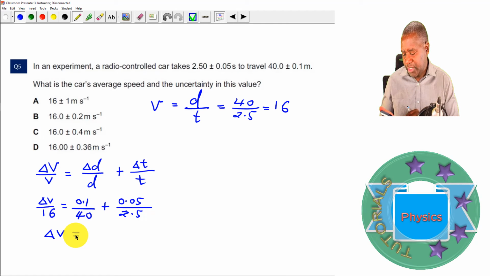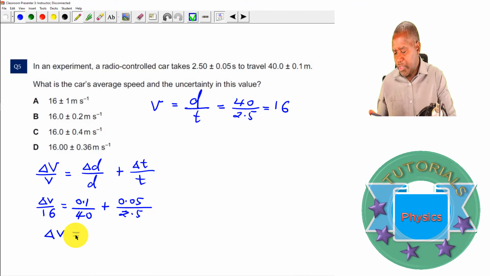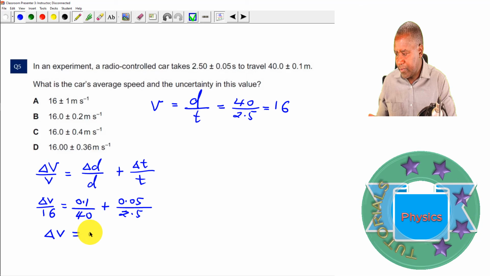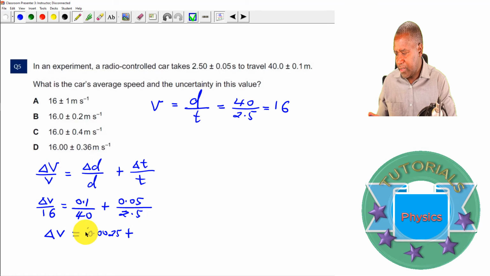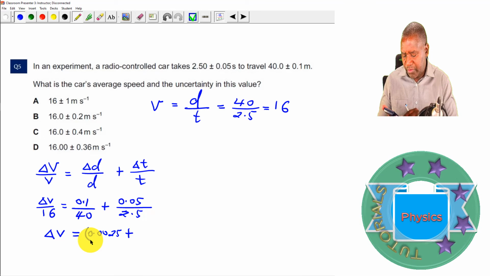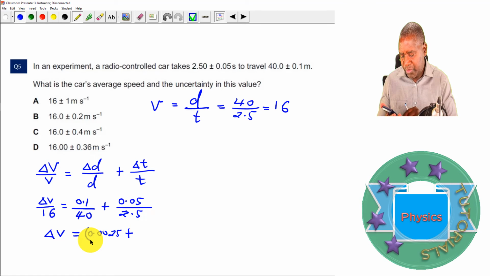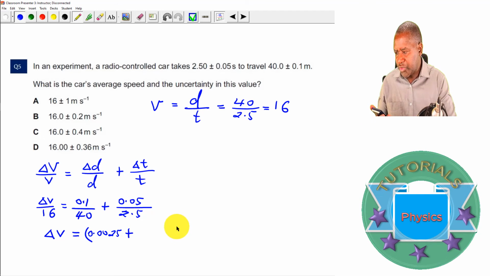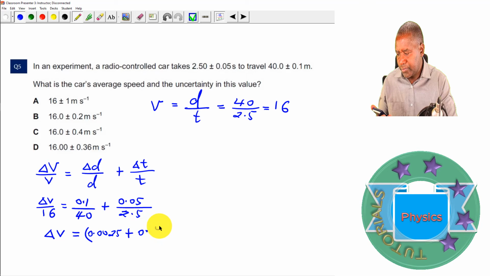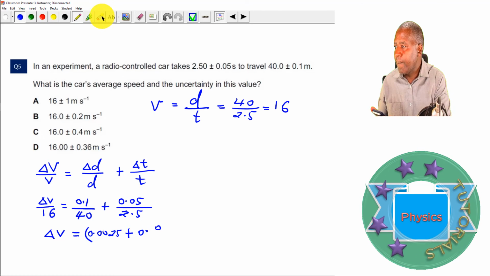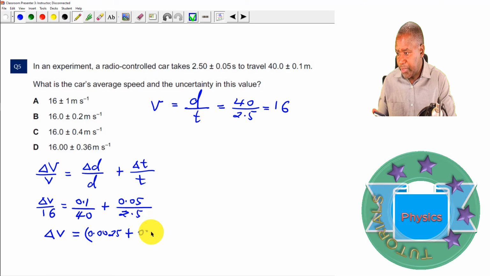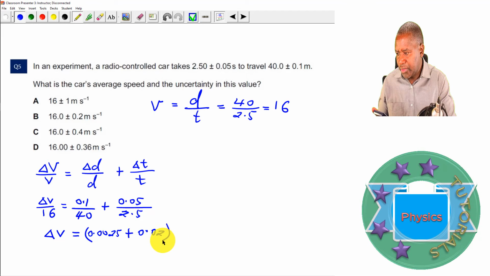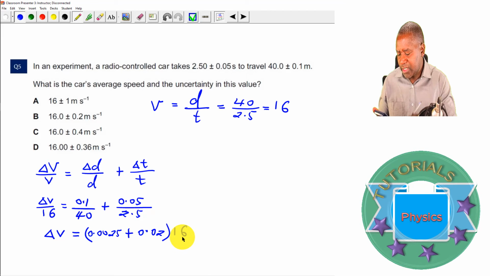So 0.1, you divide that by 40, you're going to get 0.0025, plus 0.05 divided by 2.5, which is 0.02, all this multiplied by 16.